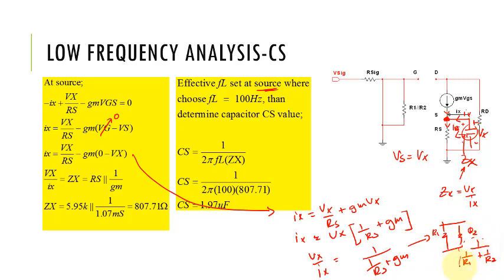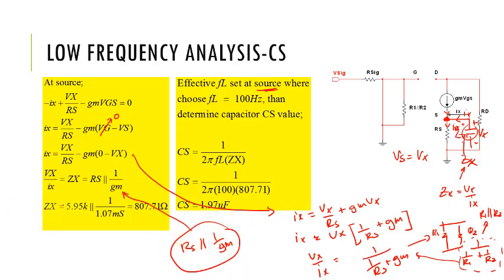So this equation is similar to this equation, and we can rewrite it as Rs. So this one becomes R1 parallel with R2, so it becomes Rs parallel with 1 over Gm, like this.